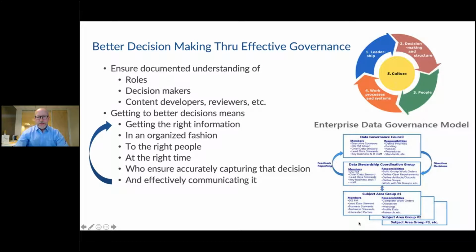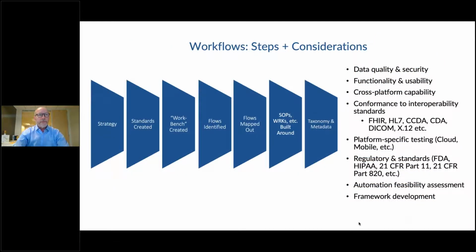The decisions are tied to this governance, and to understanding who's making what decisions and who's providing information, including content, to enable the decisions. And getting to good decisions, I think everyone would agree, comes down to getting the right information in an organized fashion to the right people at the right time so they can make the right decision, and then capture it and communicate it effectively.